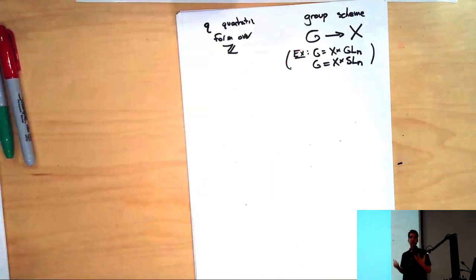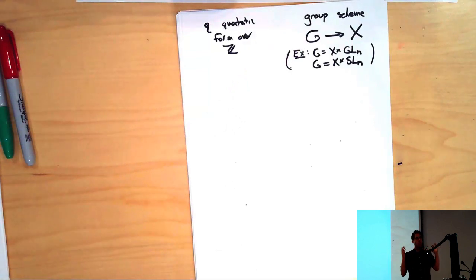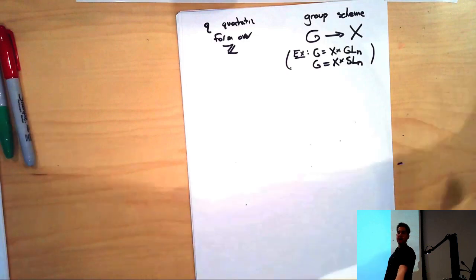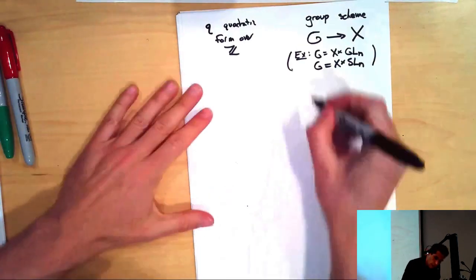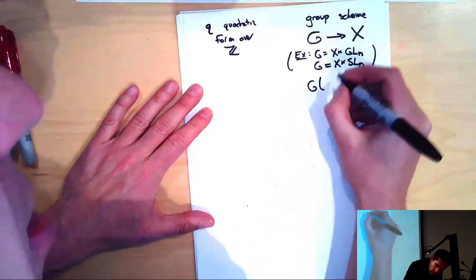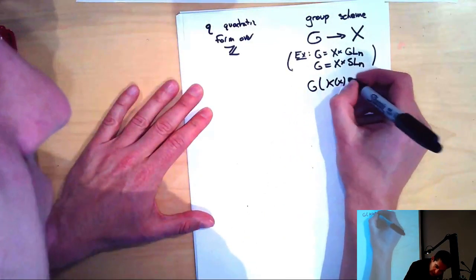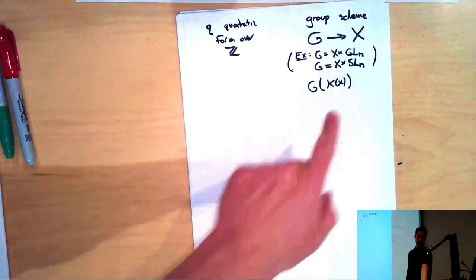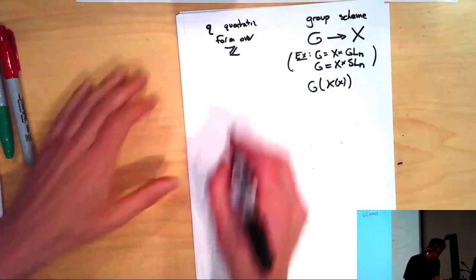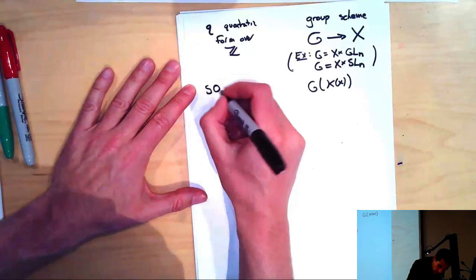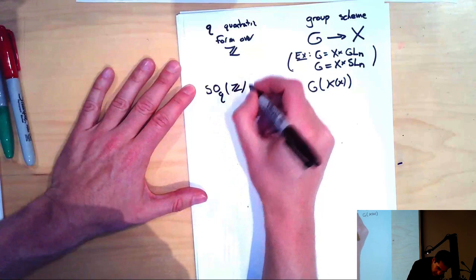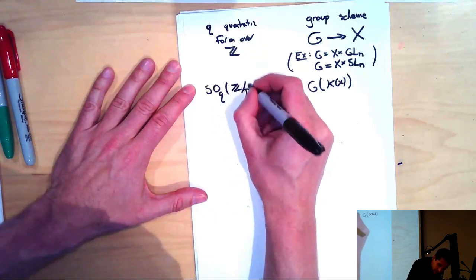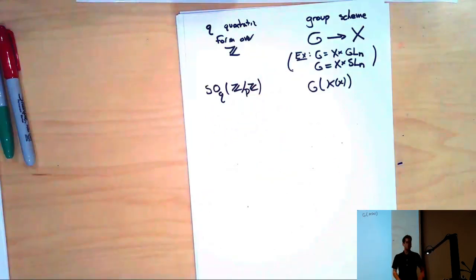But a group scheme G, you can now evaluate on any commutative ring R for which you have a map from spec R into the algebraic curve X. So it makes sense to evaluate G on things like the residue field of capital X at some point, and that's the analog of objects that appeared earlier, like SOQ on, well, maybe these objects didn't appear explicitly, but they were sort of implicitly in the picture.